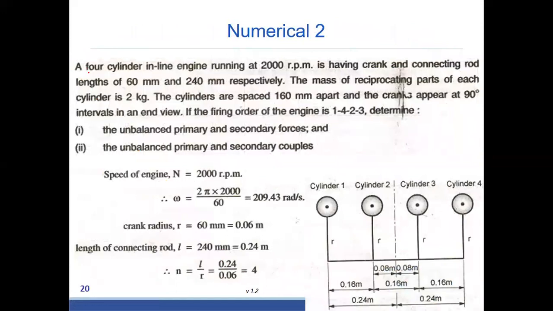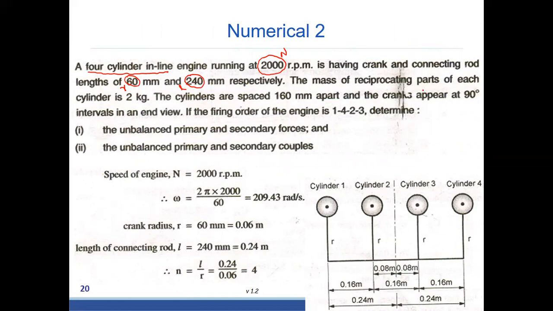A 4-cylinder inline engine running at 2000 rpm, N is equal to 2000 rpm, having a crank length of 60 millimeter, R is equal to 60 millimeter, and connecting rod length L is equal to 240.